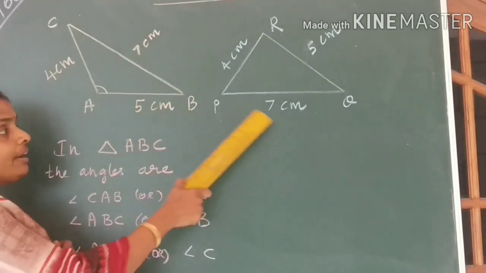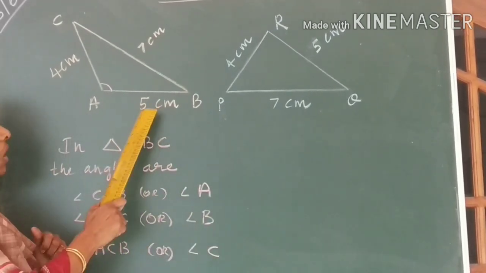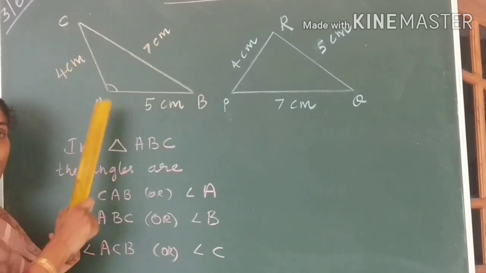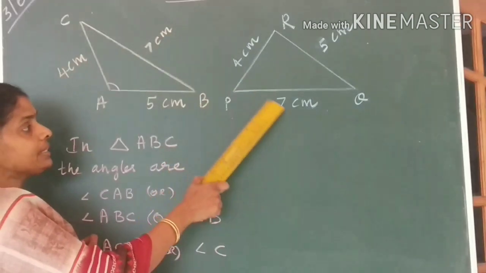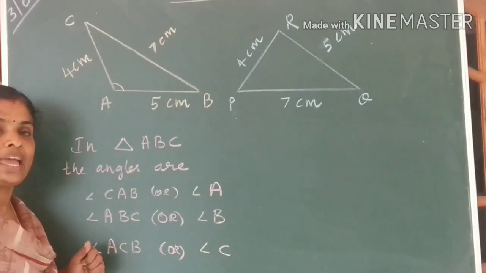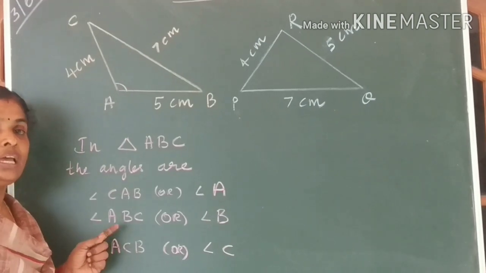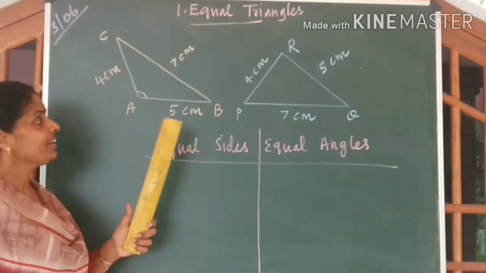When are triangles equal? If all three sides of one triangle are equal to all three sides of another triangle, those two triangles are said to be equal triangles. Next idea.